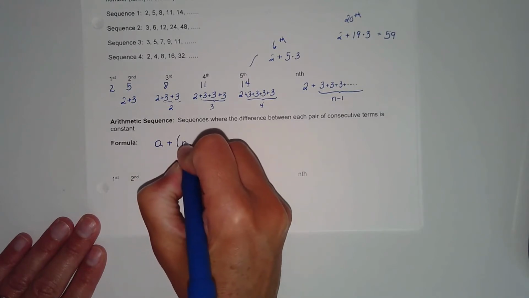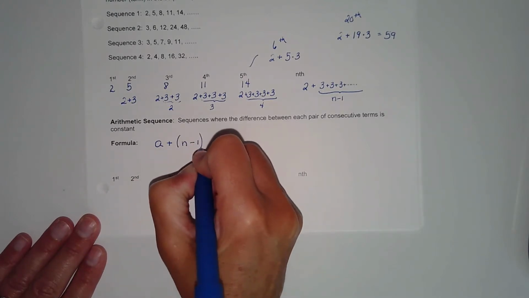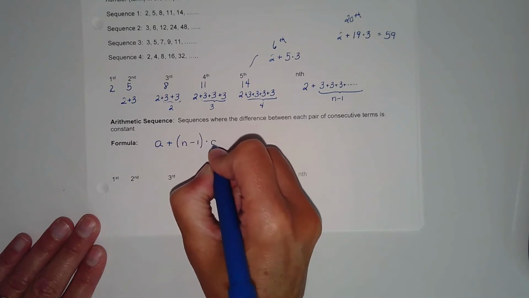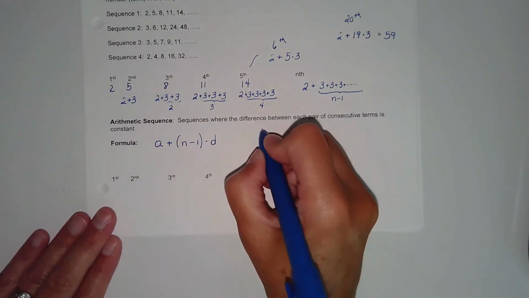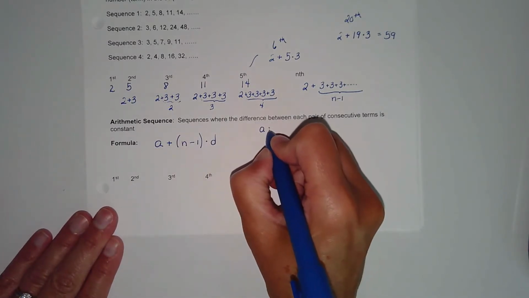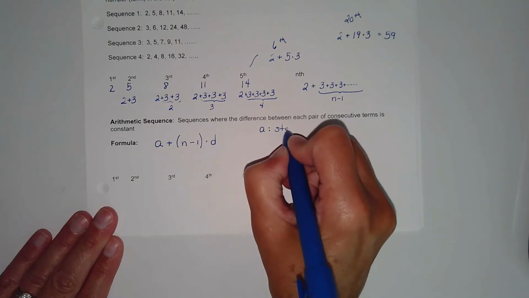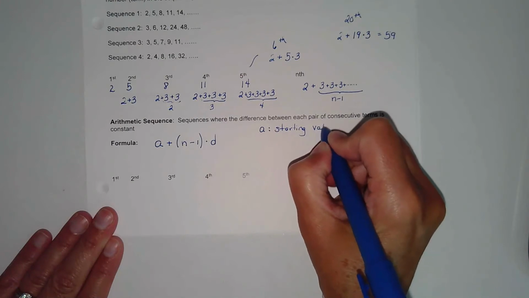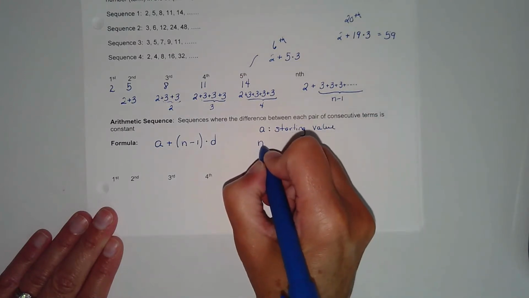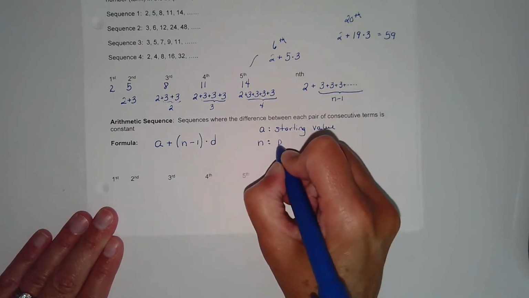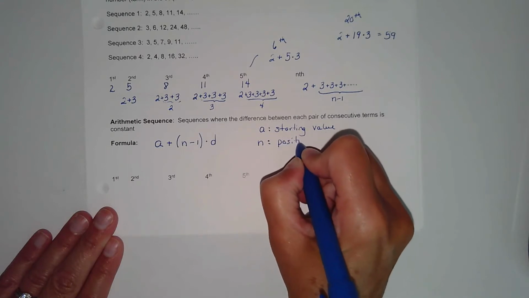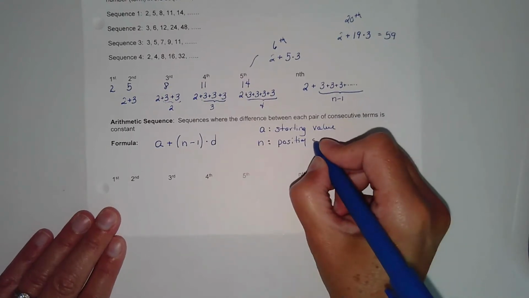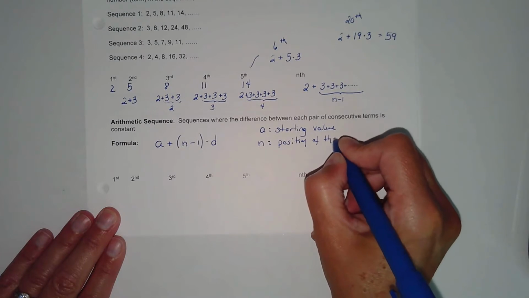Now n minus 1 shouldn't shock you, right? And then the formula the book uses a D. So A is the starting value. N is the position. First position, second position, position of the value in the sequence.